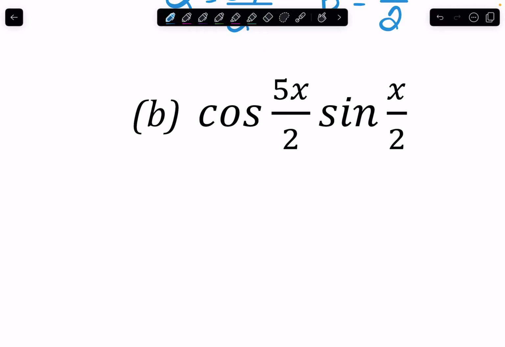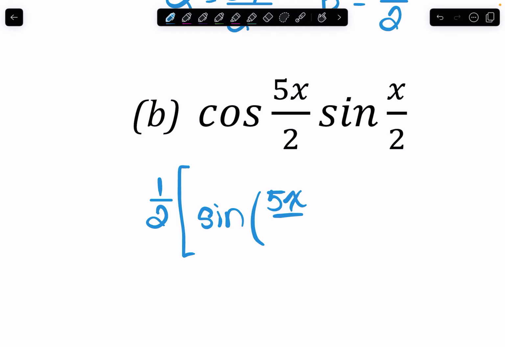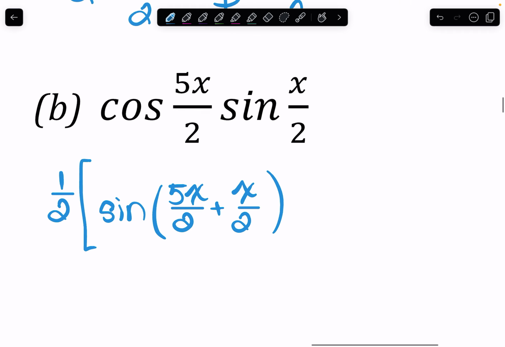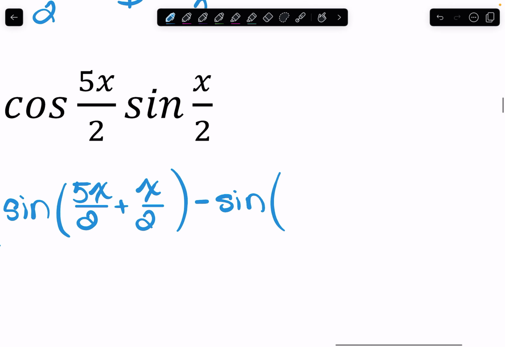So that is 1/2 times the quantity sine alpha, 5x over 2, plus beta, x over 2, minus sine alpha minus beta. So 5x over 2 minus beta, which is x over 2.